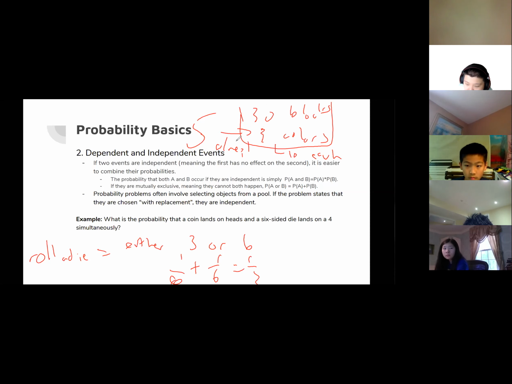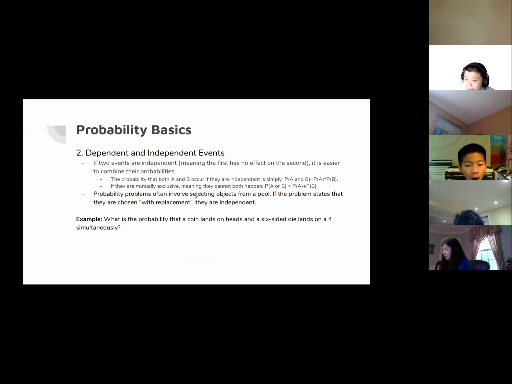I'm not sure if my explanation was good, but essentially, it's pretty straightforward. If there is replacement, you put it back after you choose it, and if it's without, then you just keep it out. So an example question, pretty simple, is what's the probability that a coin lands on heads and a 6-sided die lands on a 4 at the same time?